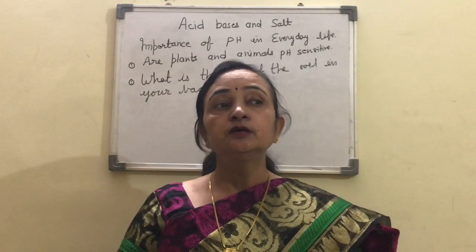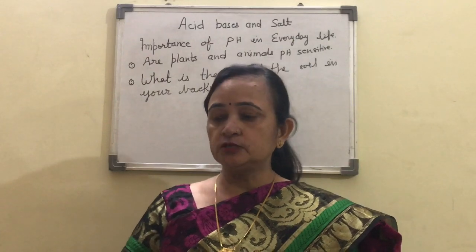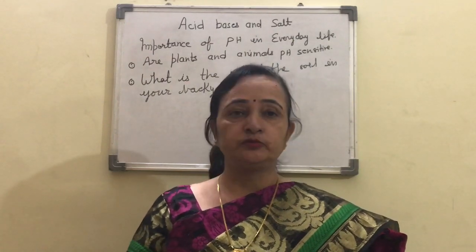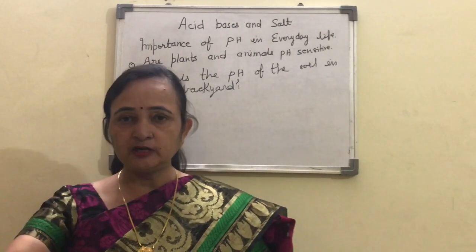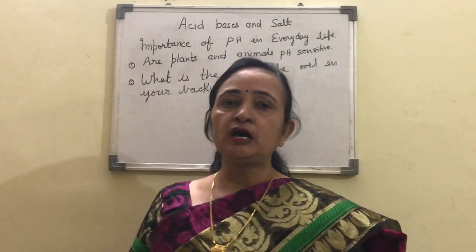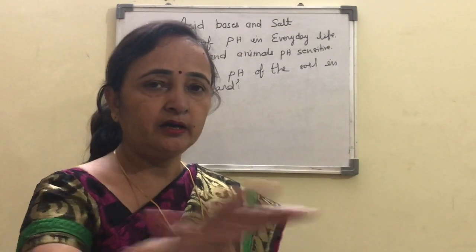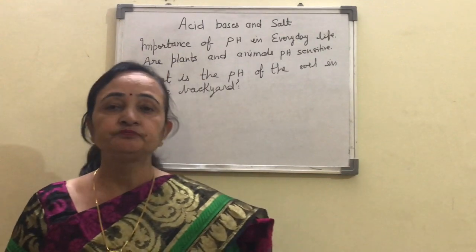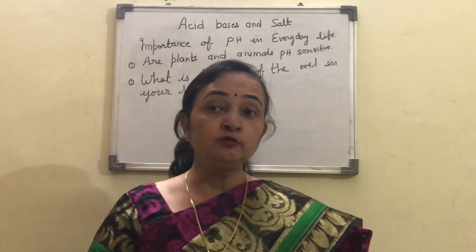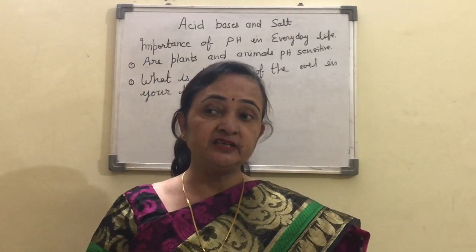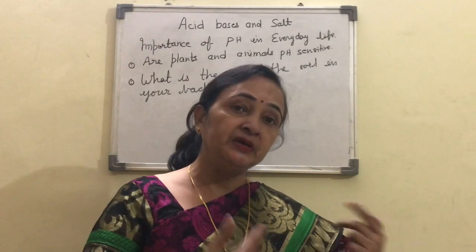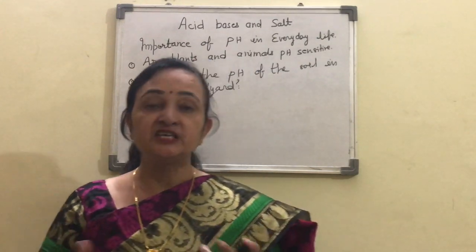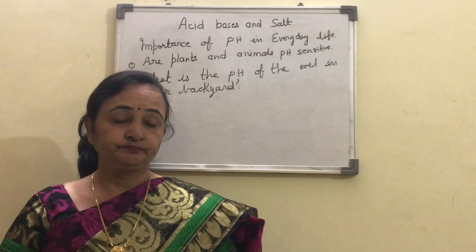So suppose we want to find the pH value of the soil near our house, at the backyard or from anywhere. Suppose you collect the soil and you want to know whether this soil is acidic or basic, and what the pH value of this soil is.